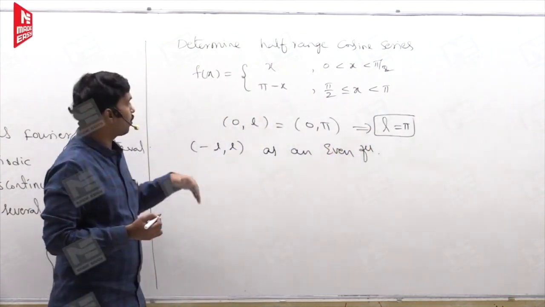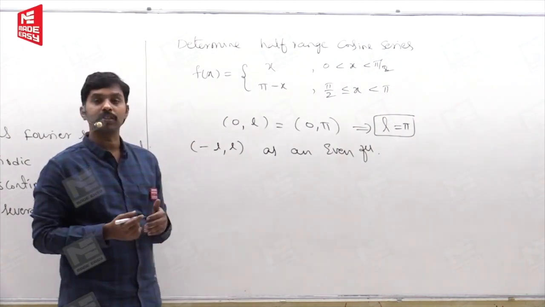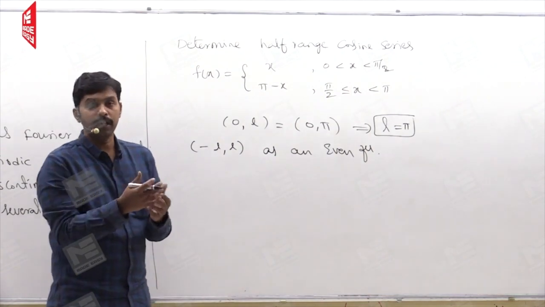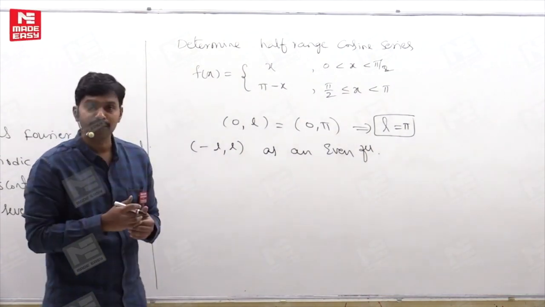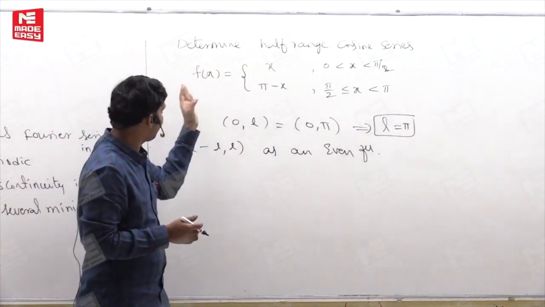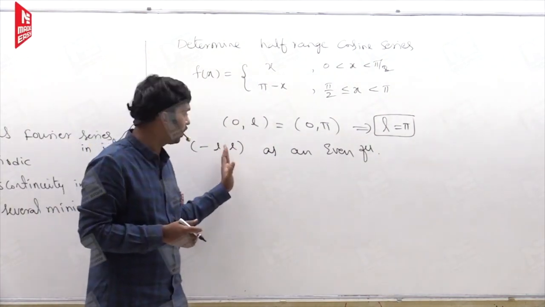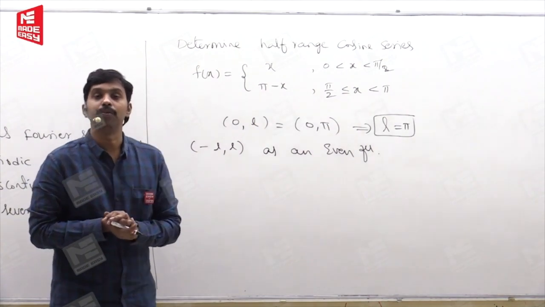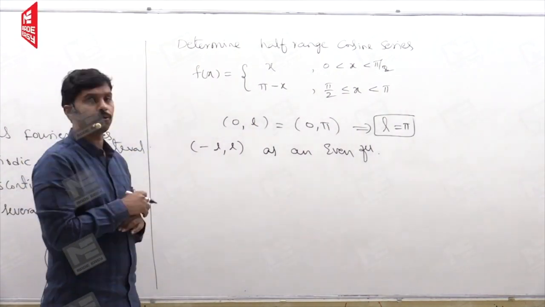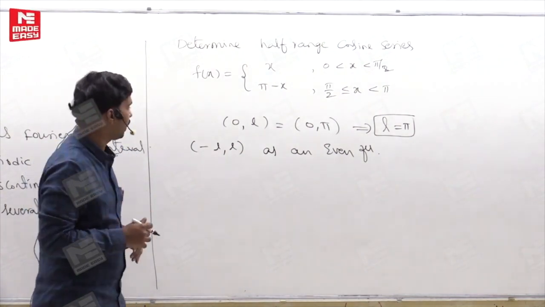Writing the Fourier series for this even function in the interval minus L to L will give you the half range cosine series.